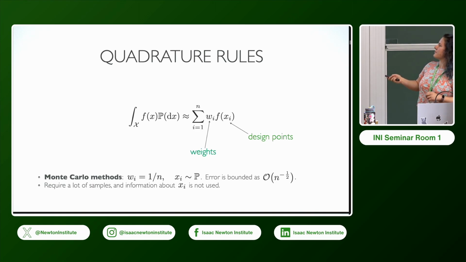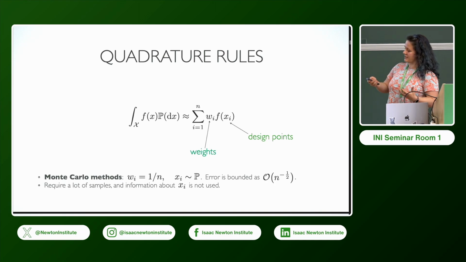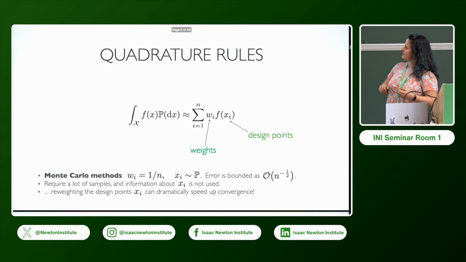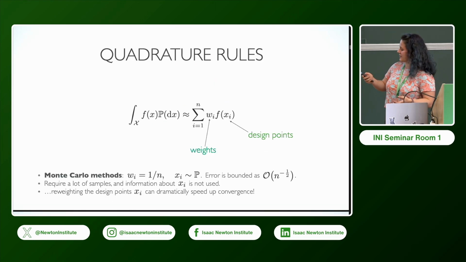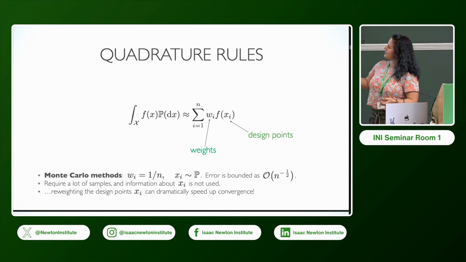And also sampling from p can sometimes be challenging, so we'd like to have a method that doesn't require this. And the message in Bayesian quadrature is that reweighting the design points, xi, can dramatically speed up convergence, and we'll be able to drop the assumption that xi come from p as well.